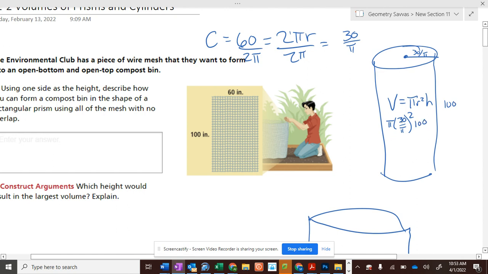Okay, so what's 30 squared? 30 times 30 is 900 over pi squared times 100. So it's 90,000 over, one of these pi's cancels with one of these pi's, 90,000 over pi, if you put it that direction.